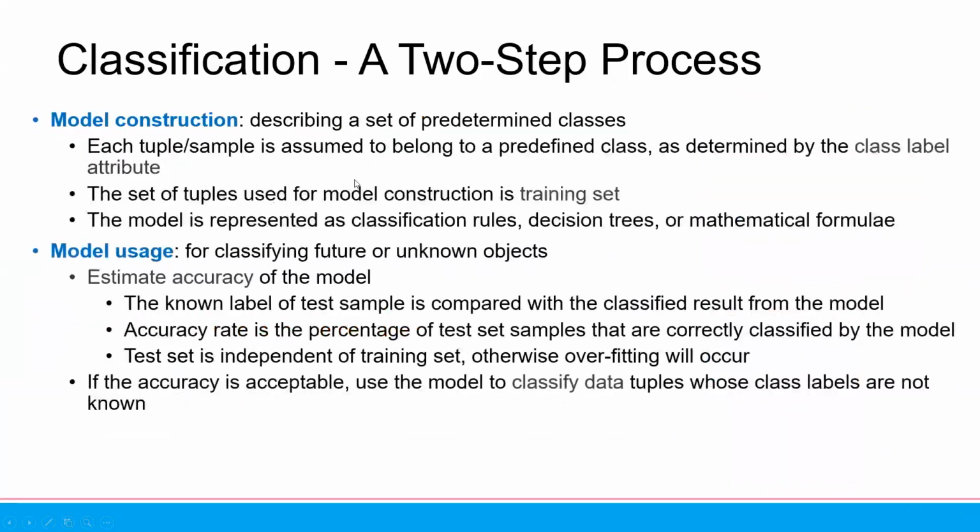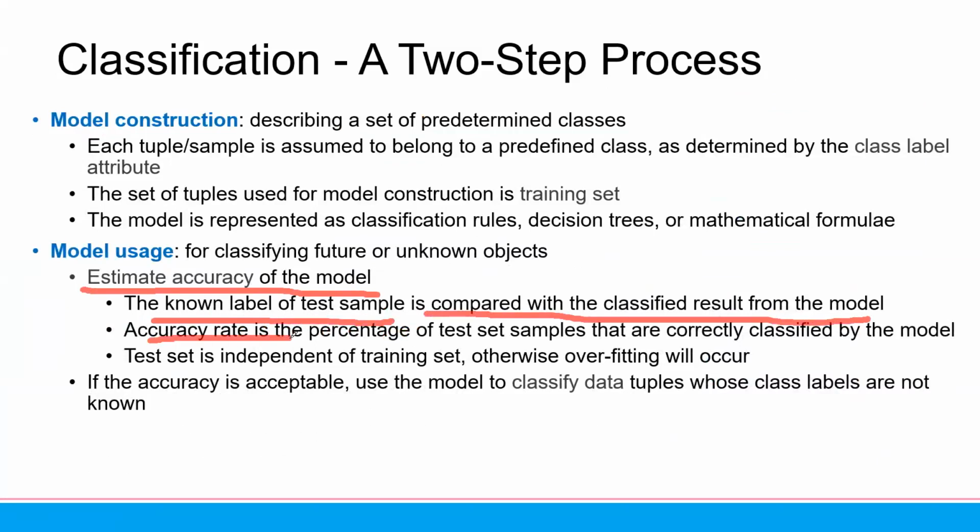We want to use the model, and first we need to estimate the accuracy of the model. If the accuracy is good enough, then we can test with the known label of the test sample. It is to compare with the classified result from the model. We will check the accuracy rate later.